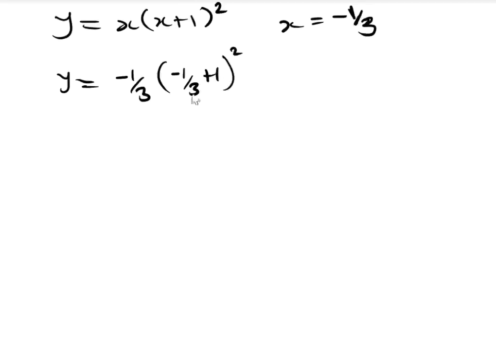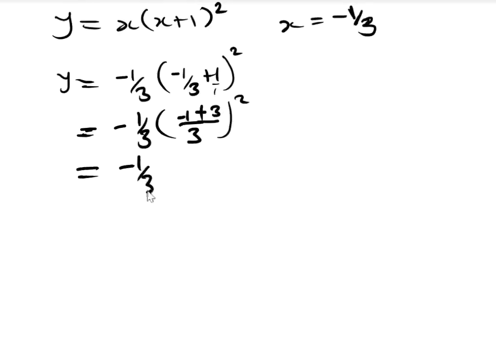Then we need to solve what is in the bracket first. Remember 1 is 3 divided by 3, so this is minus 1 plus 3 over 3, all squared.